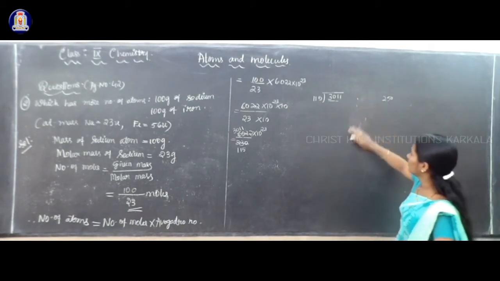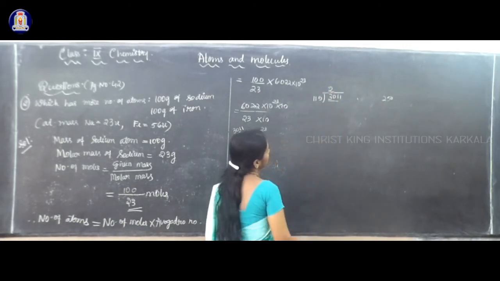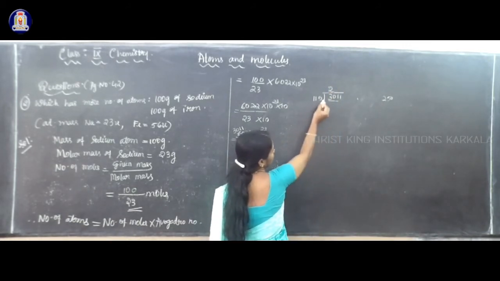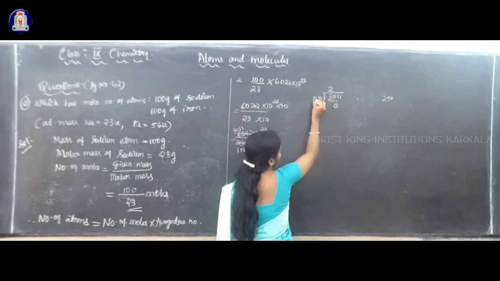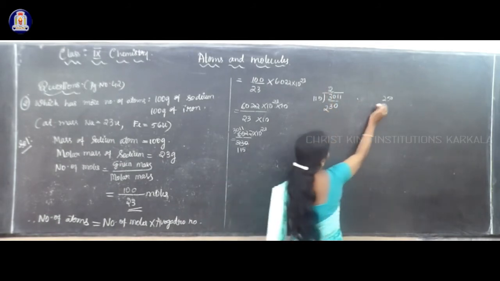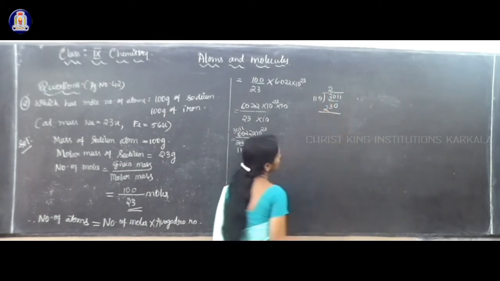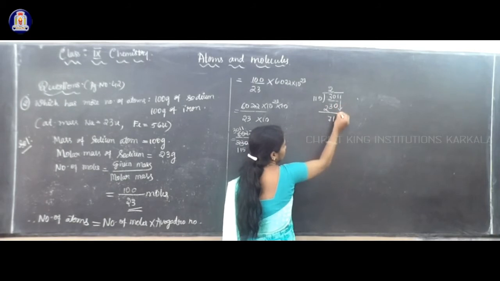So count 2s: 115, 2 fives are 10, 0, 1 carry, 2 ones are 2 plus 1, 3, 2 ones are 2, 230. 301 minus 230: 1 minus 0, 1; 10 minus 3, 7; 2 minus 2, 0. Bring this one here.